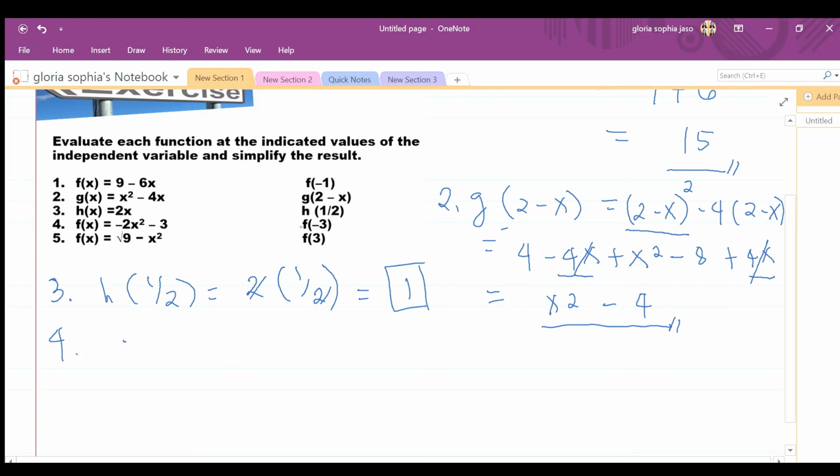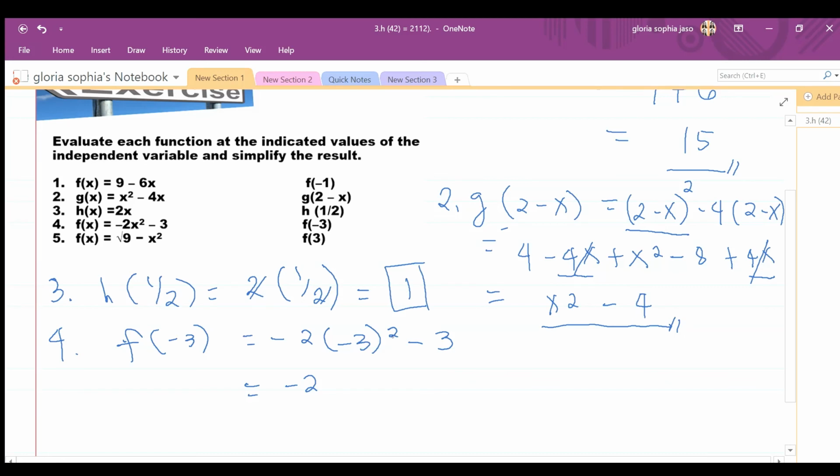So we are evaluating f of negative 3. Okay. So substitute lang natin si negative 3 kay x natin dito. So negative 2x squared, so negative 2. Then yung x natin becomes negative 3 squared minus 3. So, simplifying, ito muna sa PEMDAS rule natin, exponent muna.